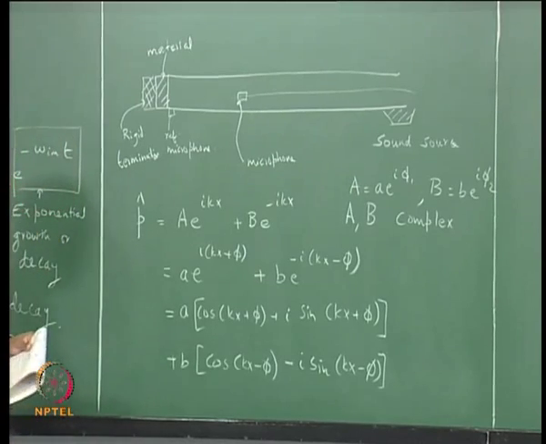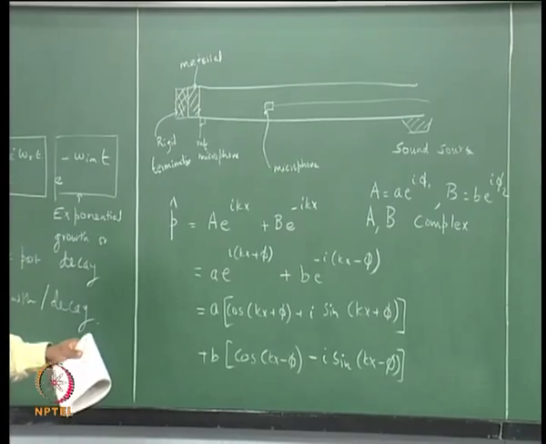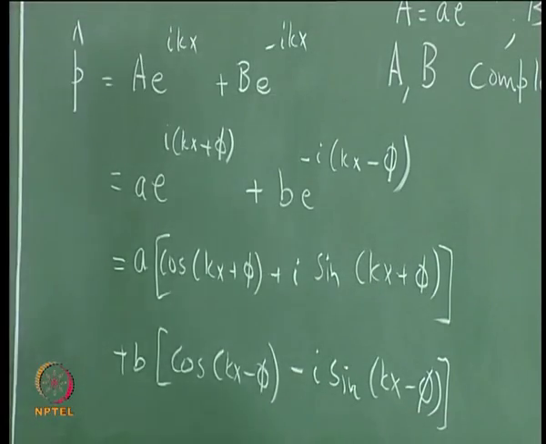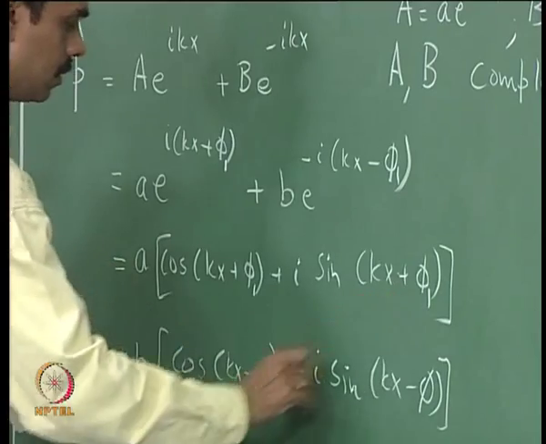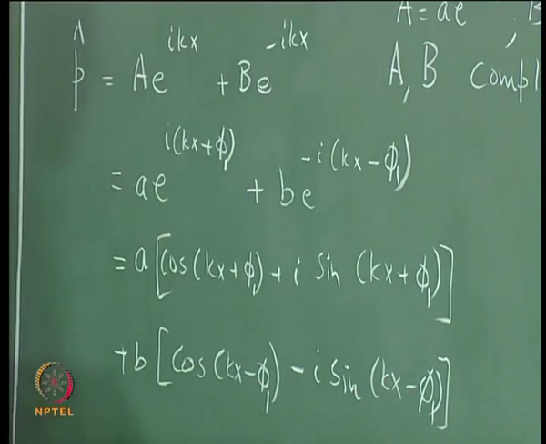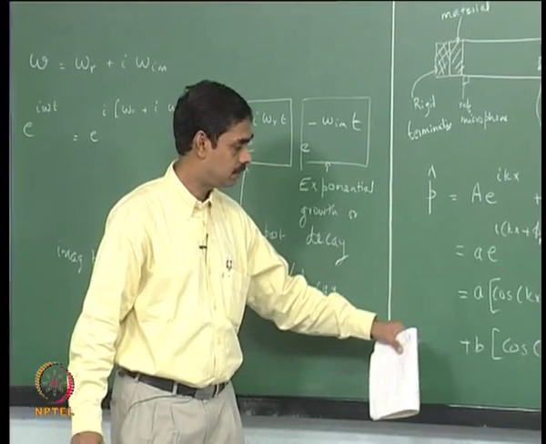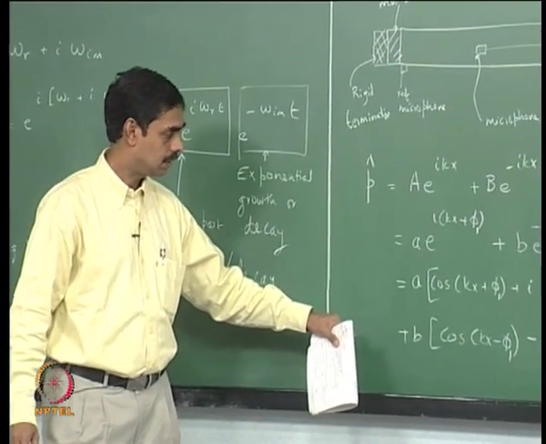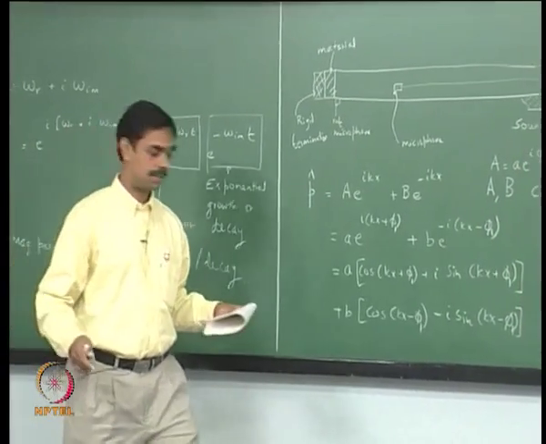Now what we can do is collect the real part together. Okay, so now we wish to club the real parts together and the imaginary parts together, and then we can easily find the amplitude.